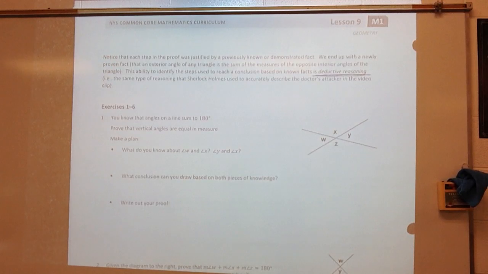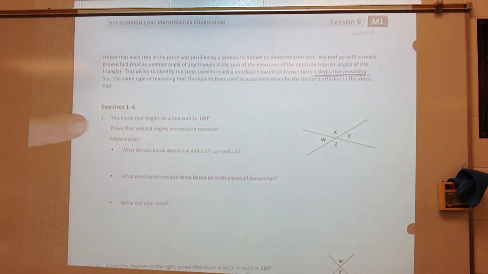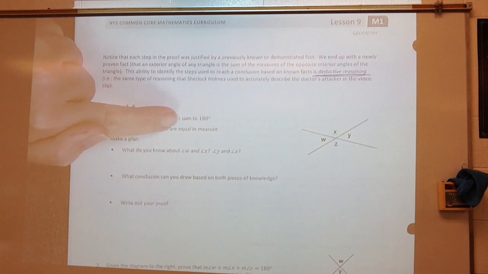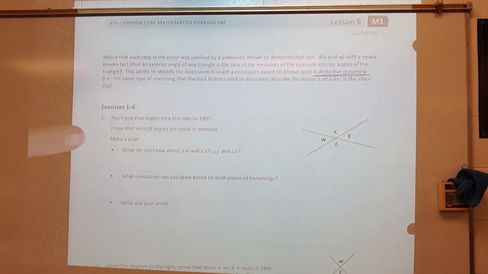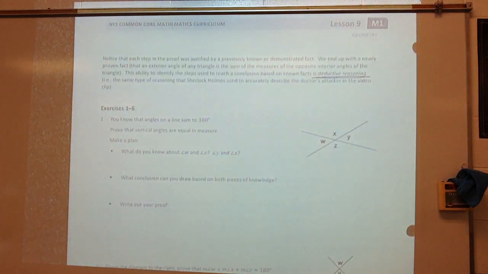So let's look at this. Let's do number 1. You know that angles in a line sum up to 180 degrees. Prove that vertical angles are equal in measure. Remember, vertical angles: x and z, w and y. So we want to prove that those vertical angles are equal in measure. So we need to make a plan. How am I going to go about doing this?